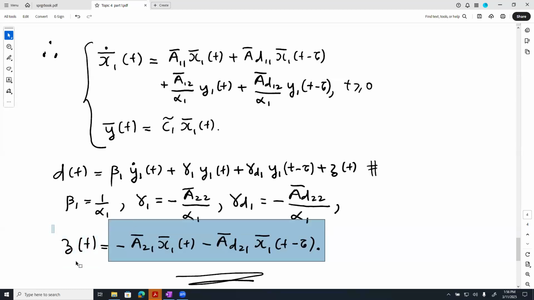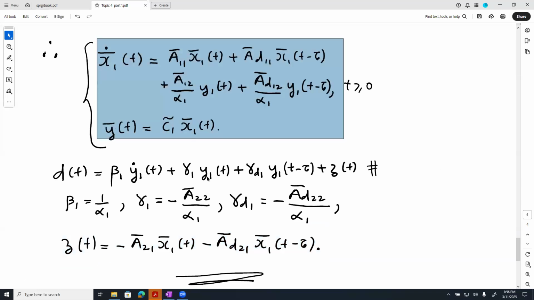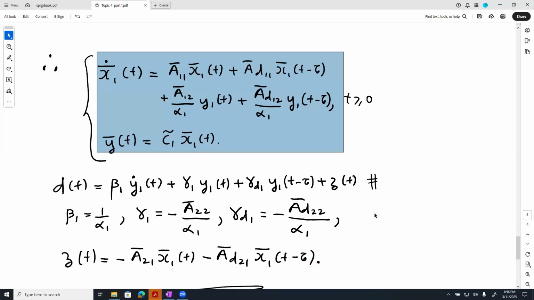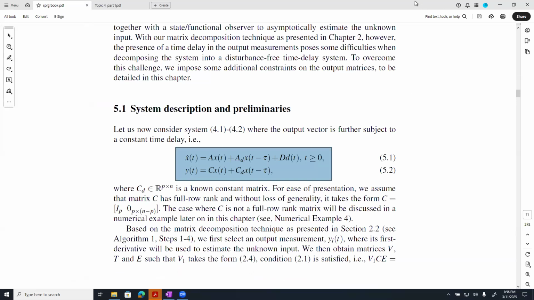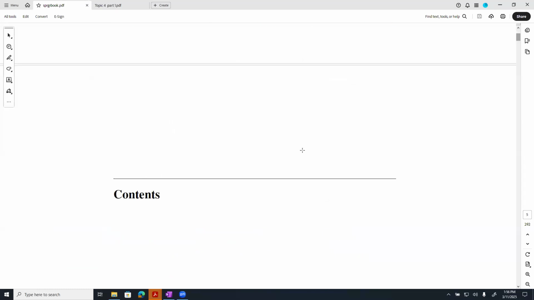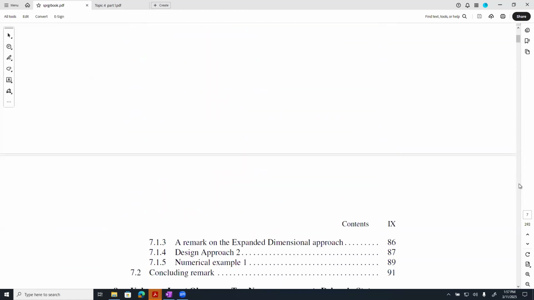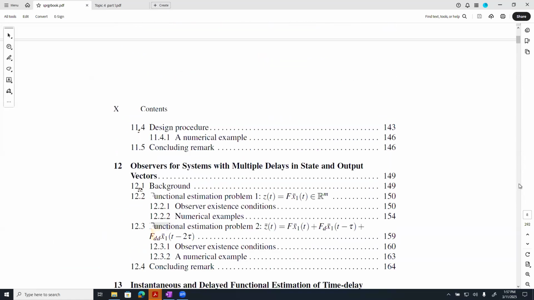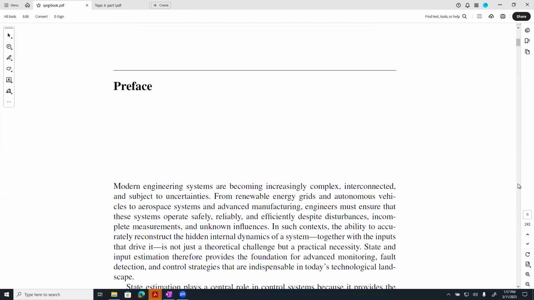So we design a generalized functional observer for this reduced order time delay system. And to our knowledge, there are so many results in the literature that deal with a linear functional observer for time delay system, or reduced order stack observer for time delay system.